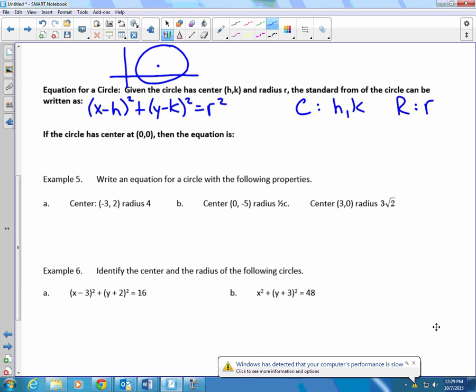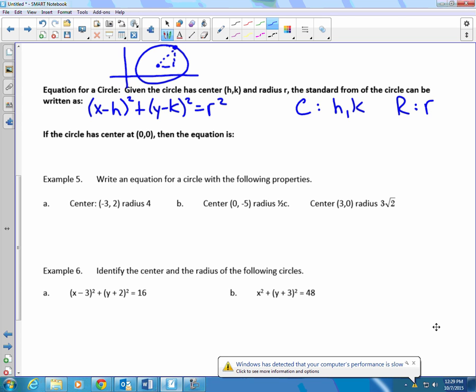You plot the center and then you move a certain number of units according to the radius in each direction. You draw it. Well, if you make a point on the circle from the radius, all you do is use the Pythagorean theorem to find the distance from the center to the outside, right? So that's all a circle is. It's just an equation using the Pythagorean theorem.